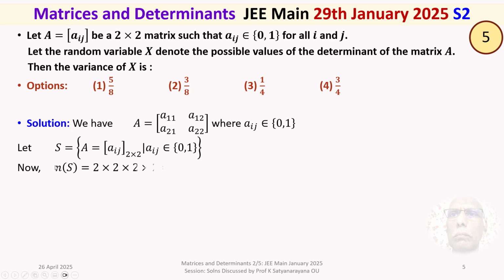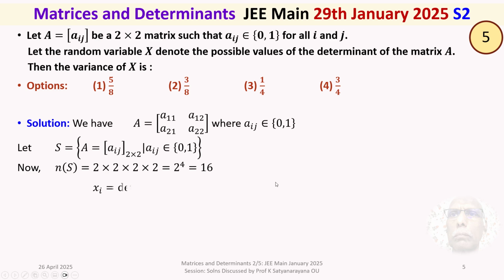Now, n of S, how many matrices are there in S? Every matrix has in the first row 2 elements, second row 2 elements, and each element can take the values either 0 or 1. So A11 can take 2 values, 2 into A12 takes 2 values, 2 into 2 into 2 into 2, that is 2 power 4, that is 16 matrices are there in the sample space.